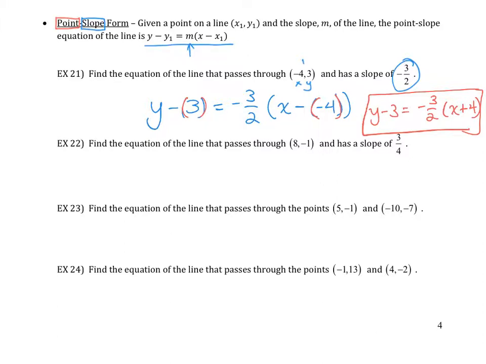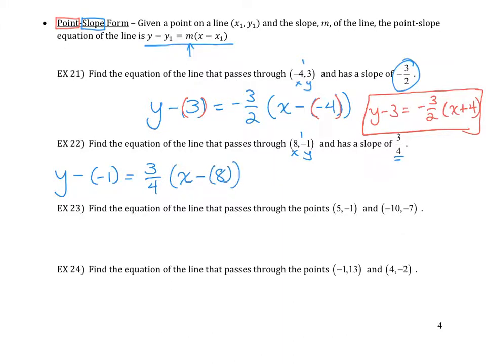So let's see, 22, we've got y minus, the y value here is negative 1, equals, the slope is 3/4, x minus x1, which would be 8.